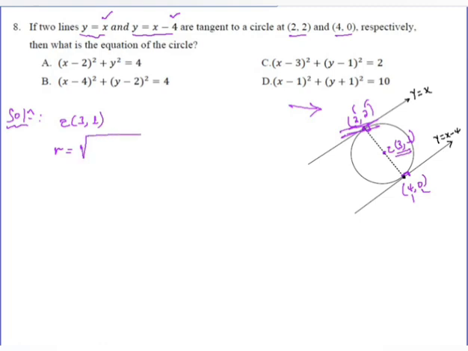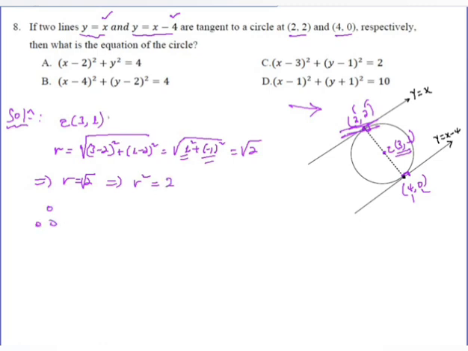So calculating the distance between these 2 points, (3 minus 2) the whole square plus (1 minus 2) the whole square. This means radical of 1 squared plus minus 1 squared. Both are 1. So the result is radical 2. So r is radical 2, which implies r squared is 2.